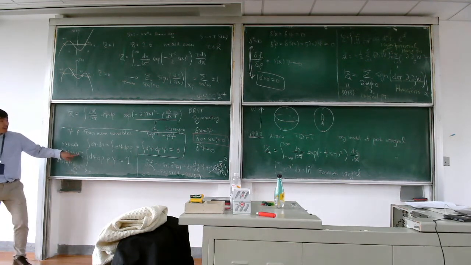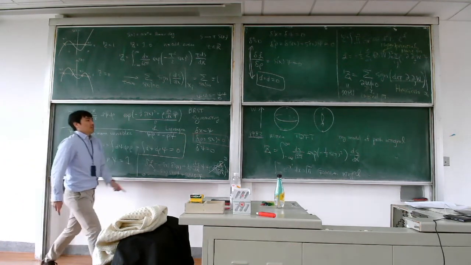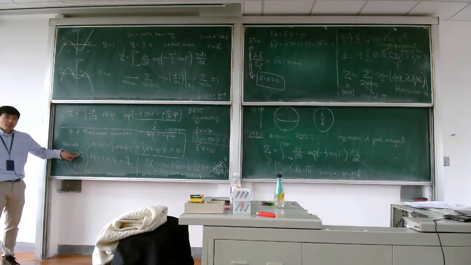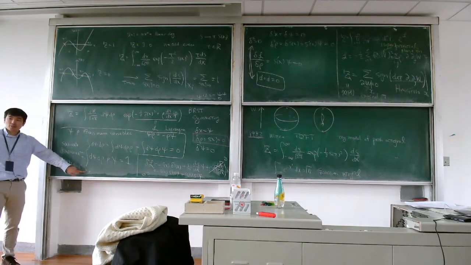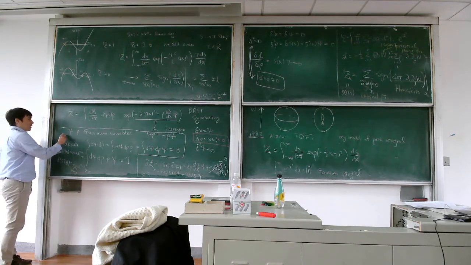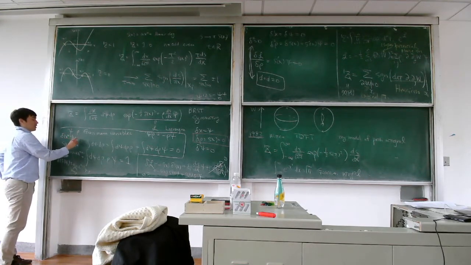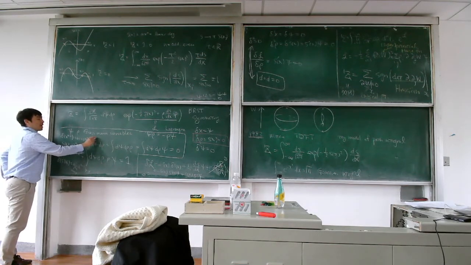So once you apply delta x on here, you get the psi, right? So delta of x to the n minus 1 is equal to n minus 1 x to the n minus 2 psi.